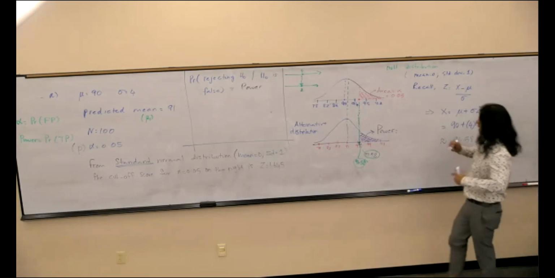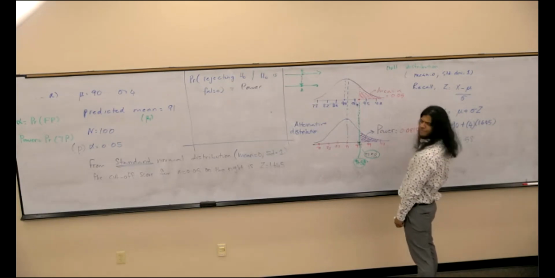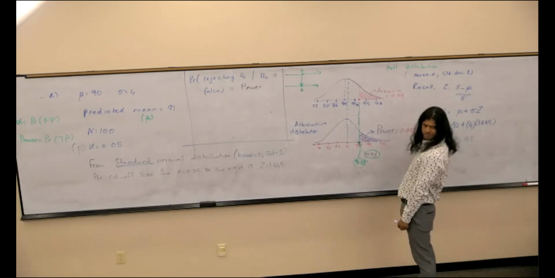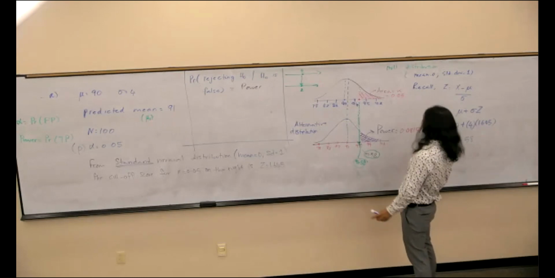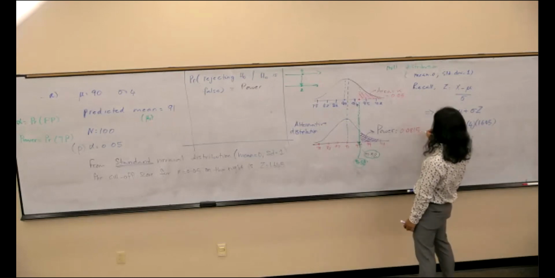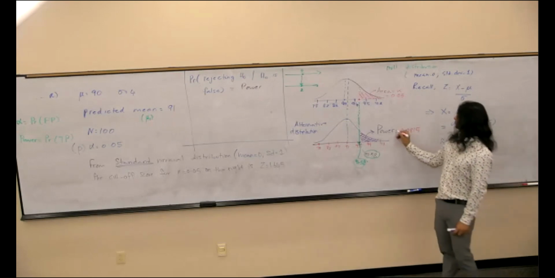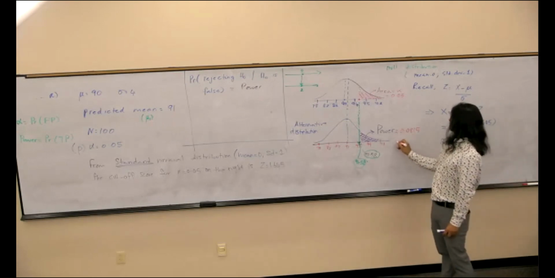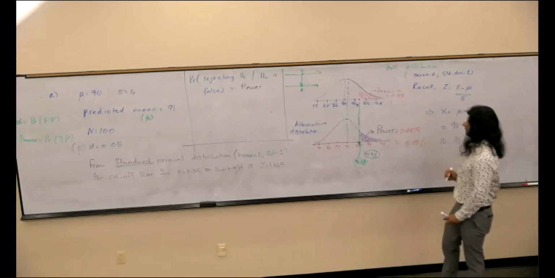So the power happens to be 0.0815. That's good enough because we're going to represent it as a percent, so we'll have 8.15%.